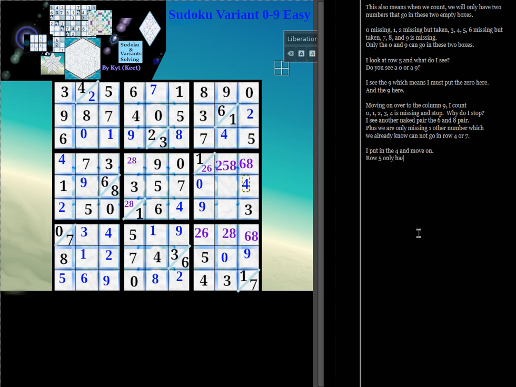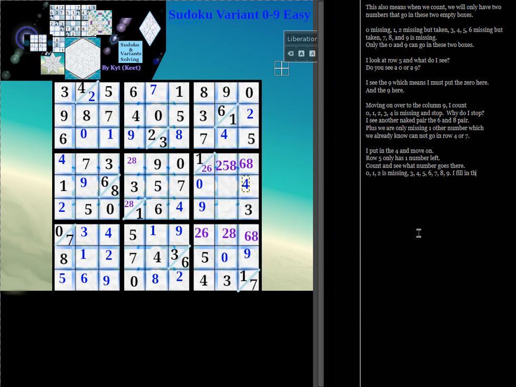Row 5 only has one number left. Count and see what number goes there. 0, 1, 2 is missing. 3, 4, 5, 6, 7, 8, 9.